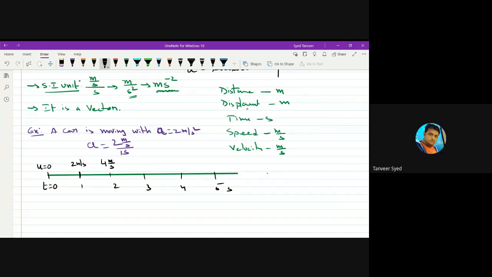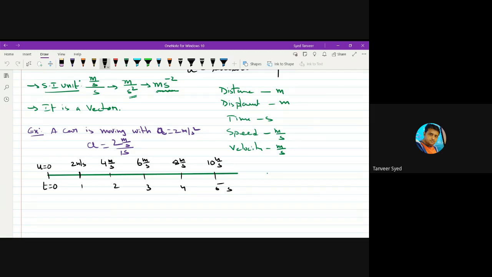In another 1 second, it will again increase by 2, becomes 6. Again increase by 2, becomes 8. Again increase by 2, 10, 12, 14, 16. Like that, the velocity of the body is increasing by 2 meters per second in every second.